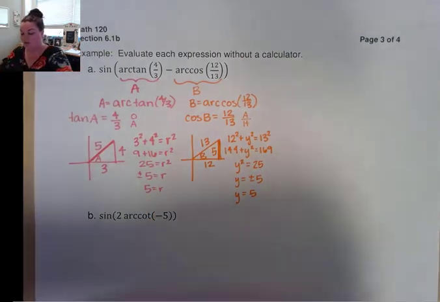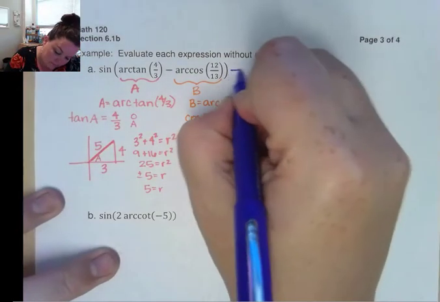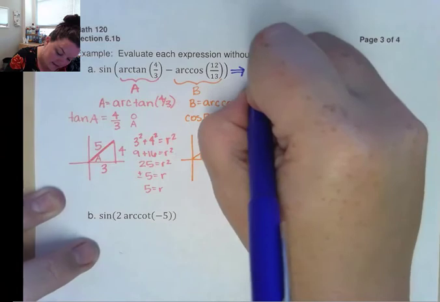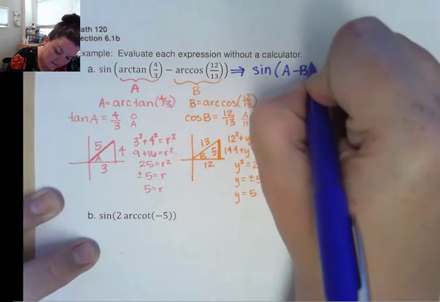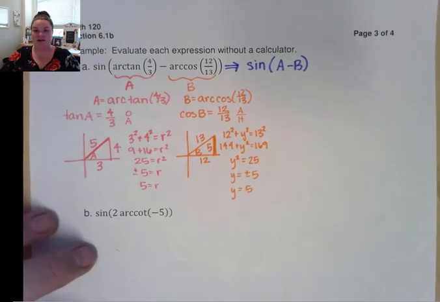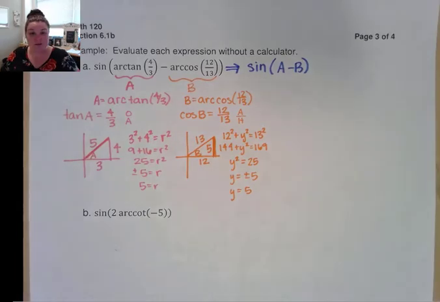So really, I could rewrite this problem as sine of A minus B. Now, where does that look familiar? Do you remember the difference and sum identities of sine, cosine, and tangent? So I'm going to bring back my handy dandy formula sheet.